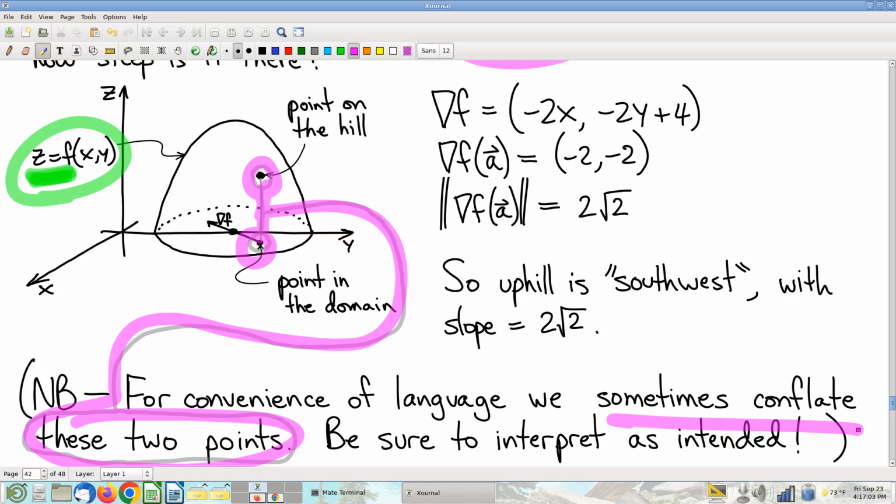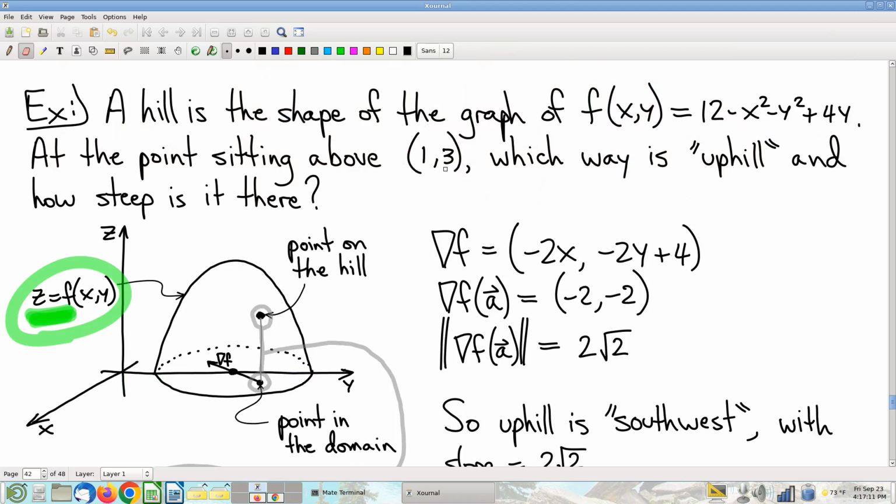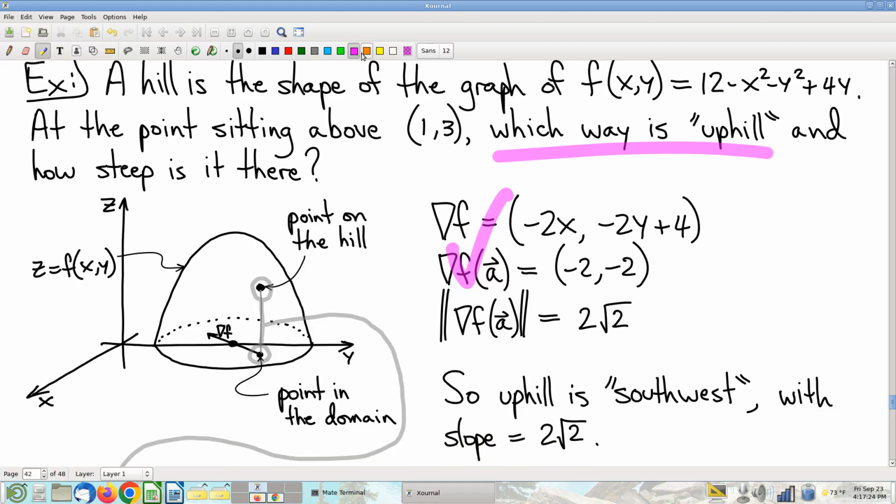Okay. All right. So anyway, at this point, we want to know, apparently, which way is uphill. So what's the direction of steepest ascent? Well, it's the gradient vector. You can compute the gradient, plug in the point in question. Keep in mind that we're at this point (1, 3). So x is 1, y is 3.